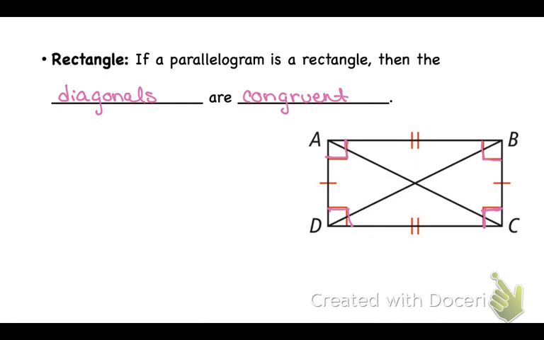So if the diagonals are congruent, that also means that what? Because it's a parallelogram, they bisect each other, yes? So that means they're all like it, right? Am I making sense? Yes.